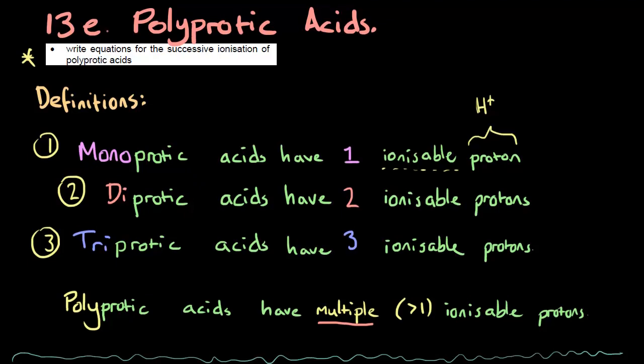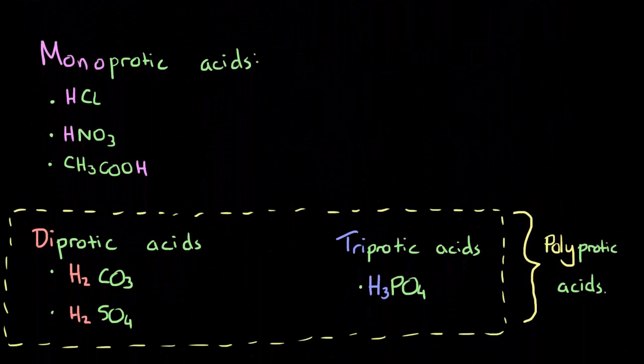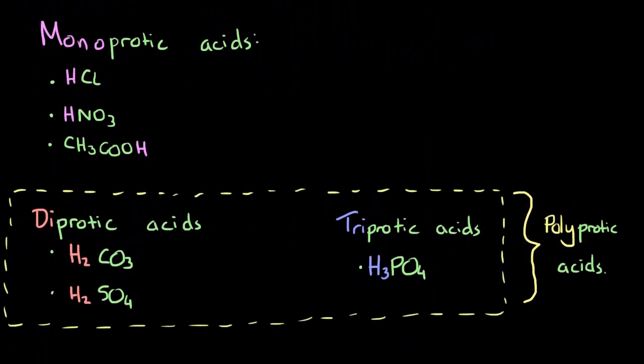Let's have a look at some of the examples of acids that you should be familiar with. Monoprotic acids include HCl, hydrochloric acid, and HNO3, which is nitric acid. We've done ionization equations for these types of acids back when we were looking at Arrhenius Theory or Bronsted-Lowry Theory.